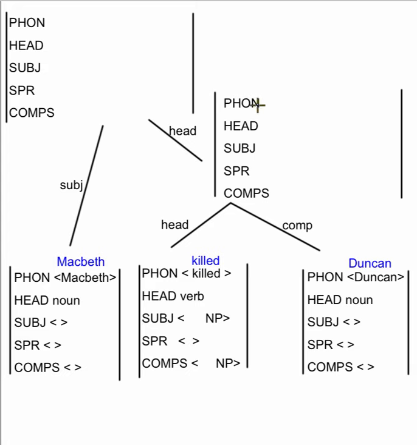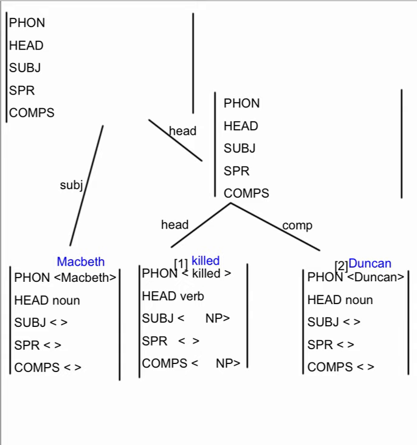Let's do the phon value first. We know that the phon value is a concatenation of the phon values of the daughters. So again, we either get killed Duncan or Duncan killed. Let me use tags again. So I'll use the tag 1 for the phonology of the verb kill, and the tag 2 for the phonology of the direct object Duncan.